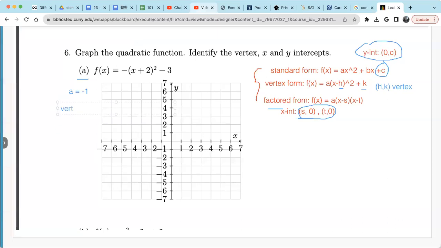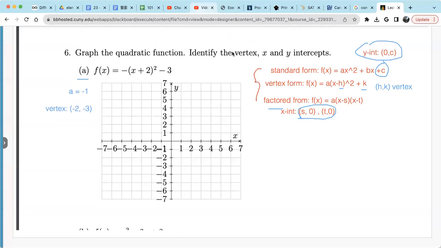We know the vertex. h is -2 because in the vertex form we have x minus h, so this is x minus -2. k is -3. So our vertex is -2, -3.